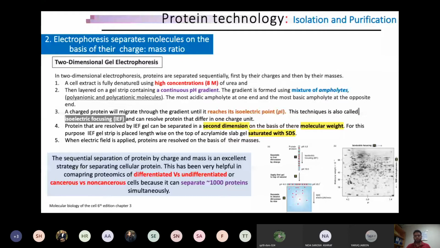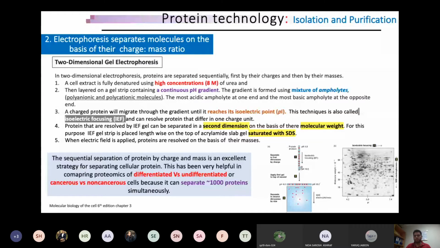Now this is ready to load onto the pH gradient. As I told you, this is the pH gradient, and it is made up of a mixture of ampholytes, so polyanionic and polycationic molecules, and these ampholytes are mixed to make this gradient.